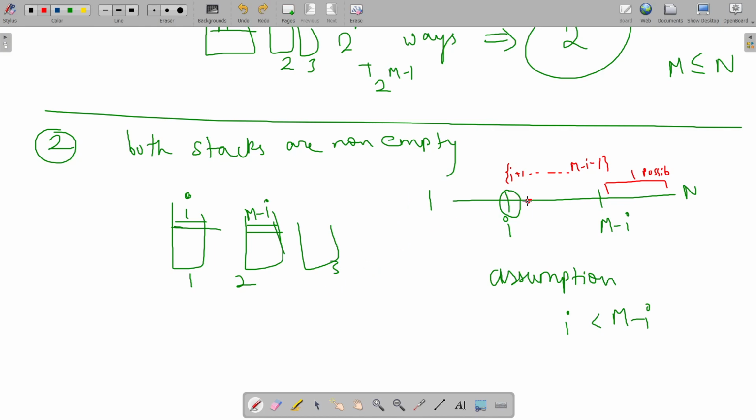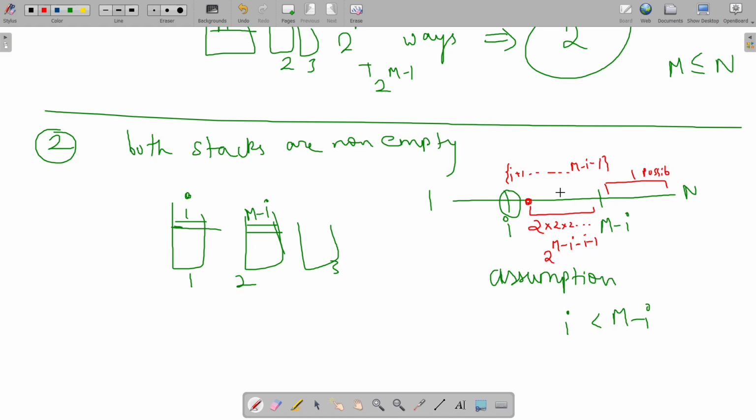But if they go to the second stack, they will not be the top element because they are less than m minus I. So each element has two stacks that it can go to. So it will be 2 into 2 into 2 into 2, which will be 2 to the power m minus I minus I minus 1, I think. Yeah.